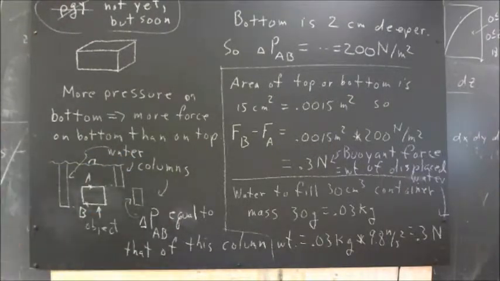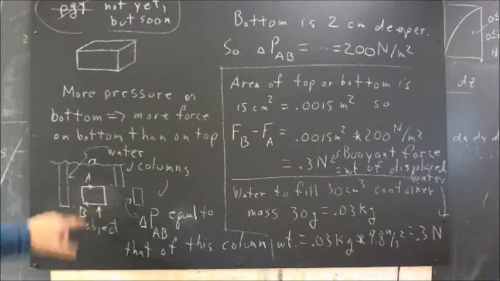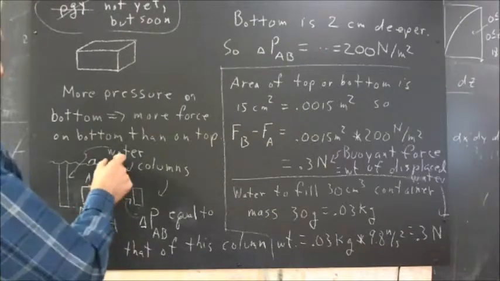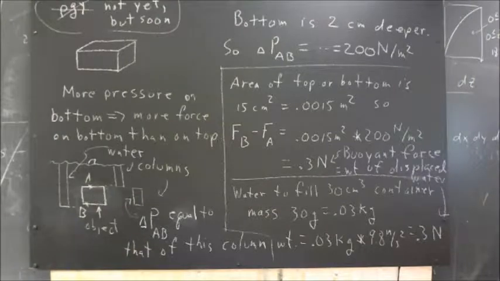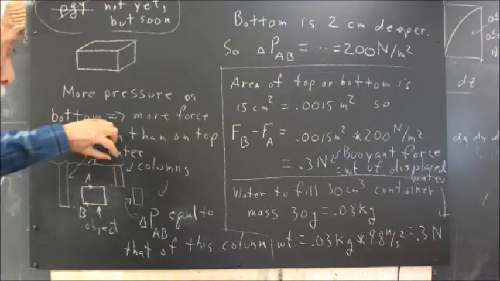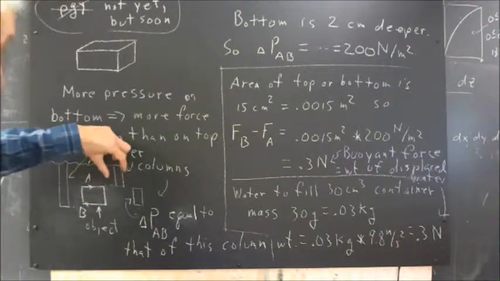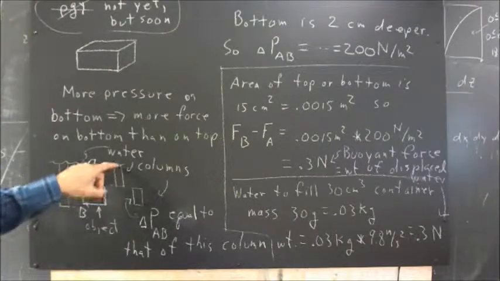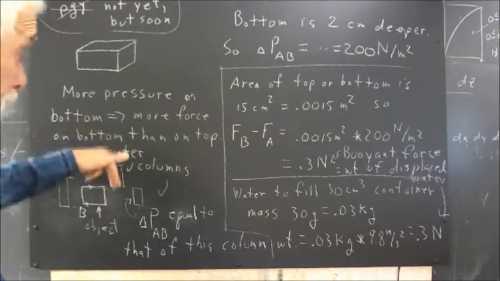Now, to get the idea, we got water here. We'll let this be our object. And we think of a column of water here down to the level of the top of the container. The water in that column, whatever column of any uniform cross-section, a cylinder or a prism, has to be supported by some force because it has weight.